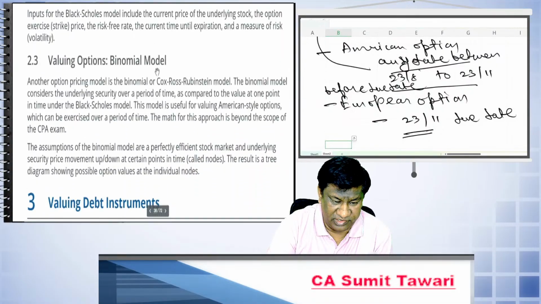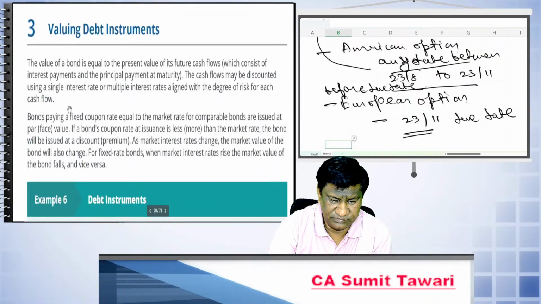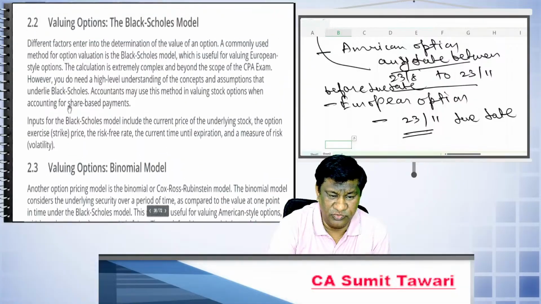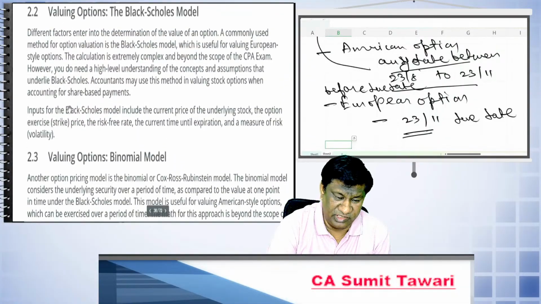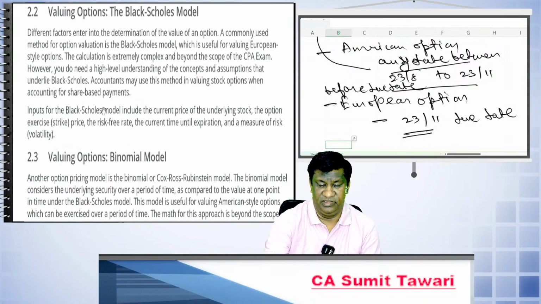Then binomial model. Again, this is also out of the course. So what I'll do, maybe tomorrow or next week, I will give just a rough idea so that you people are aware about what is the Black-Scholes model and the binomial model.